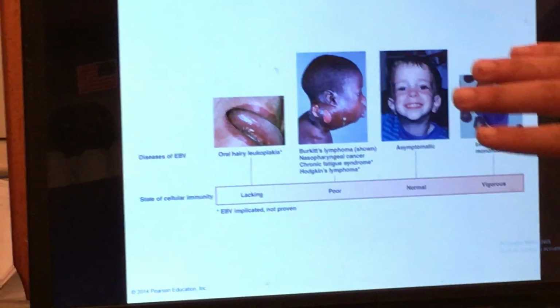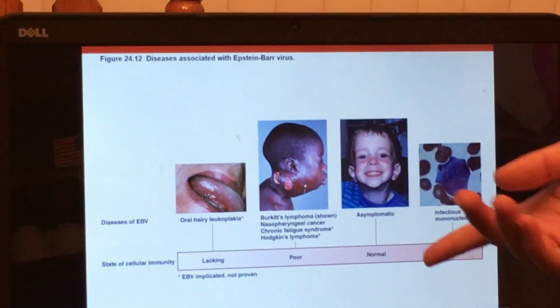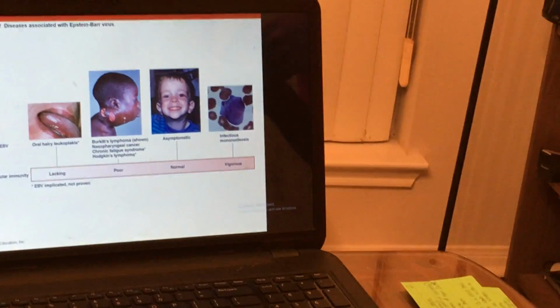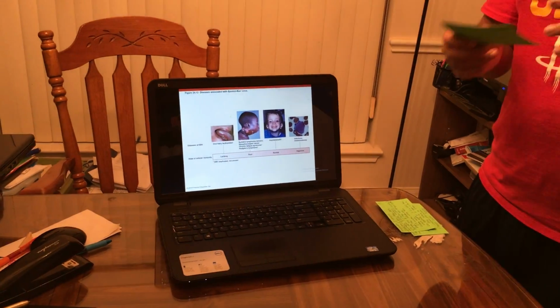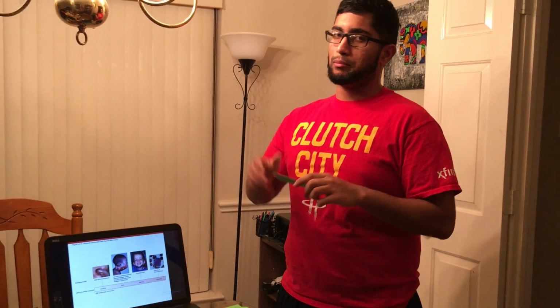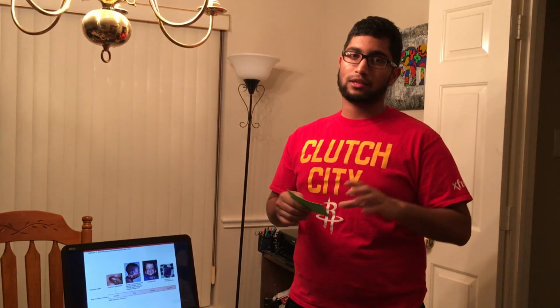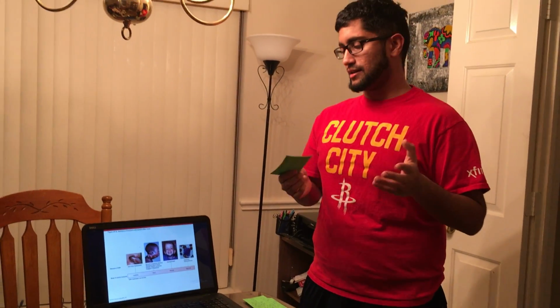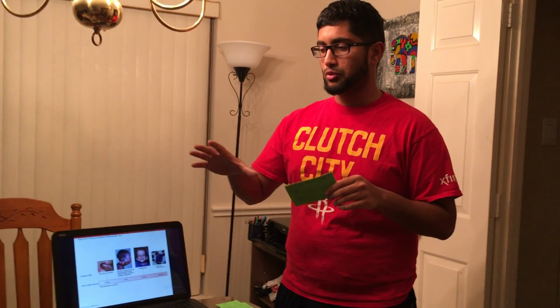They're all lacking, poor, or normal, but poor and lacking are basically the main ones, because the job of these viruses is to attack the B cell, which makes antibodies. If the body does not have antibodies to protect from foreign invaders or antigens, then these viruses can spread.